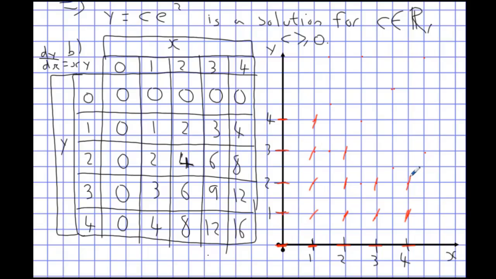The same for 2, 4. So I'm not going to be able to do 1 and 8, but I could do a half and 4. 1, 2, 3, 4. So if I kind of point up to there, that should be okay. Okay, something like that. So you can see a field is coming together slowly.